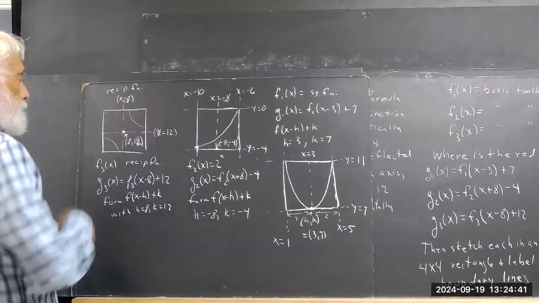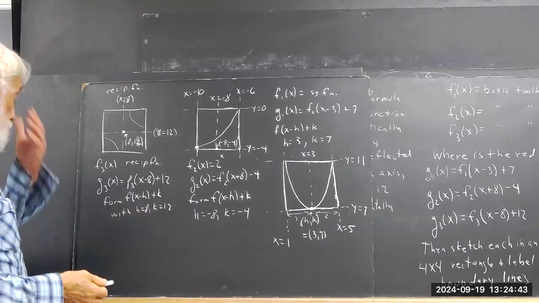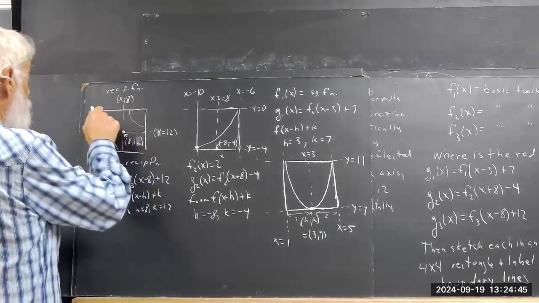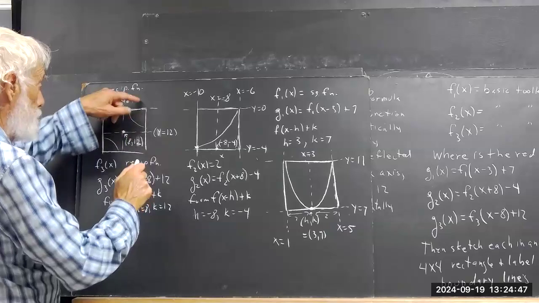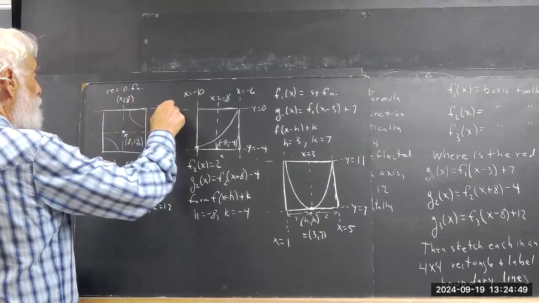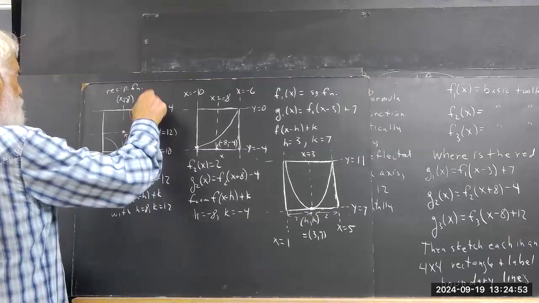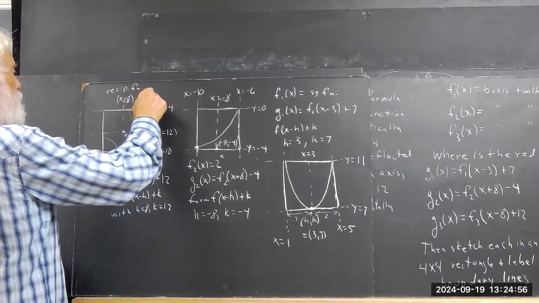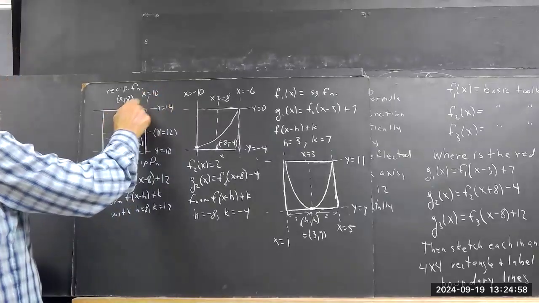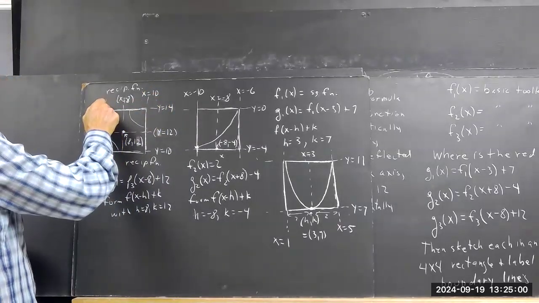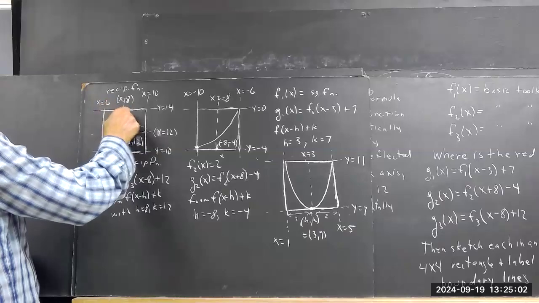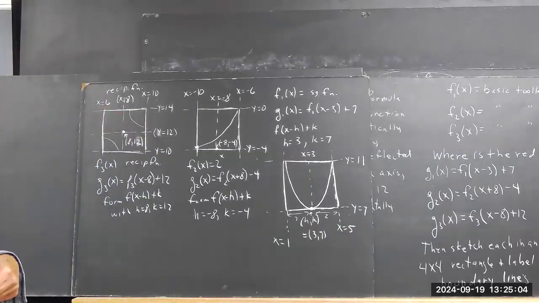I didn't ask for it, but you're going to be a little more secure then when you tell me that this line leading 2 units or this one is y equals 14, and this line is y equals 10. And this line is x equals 10, 2 more than 8. And this line is x equals 6, 2 less than 8. Okay.